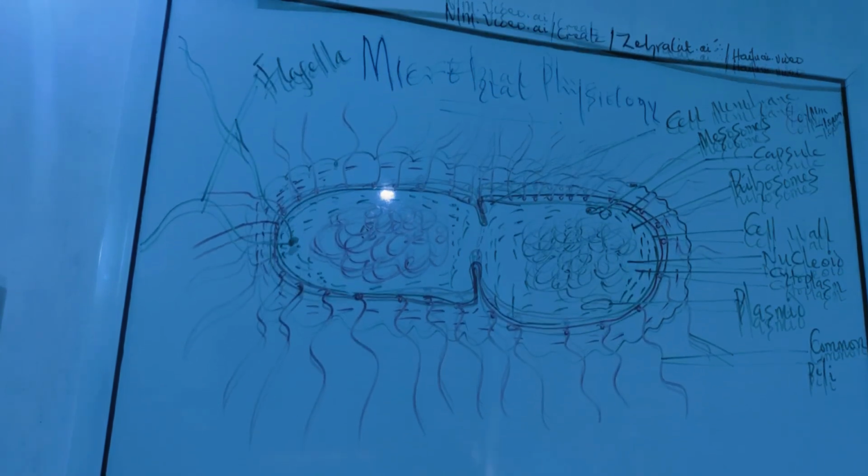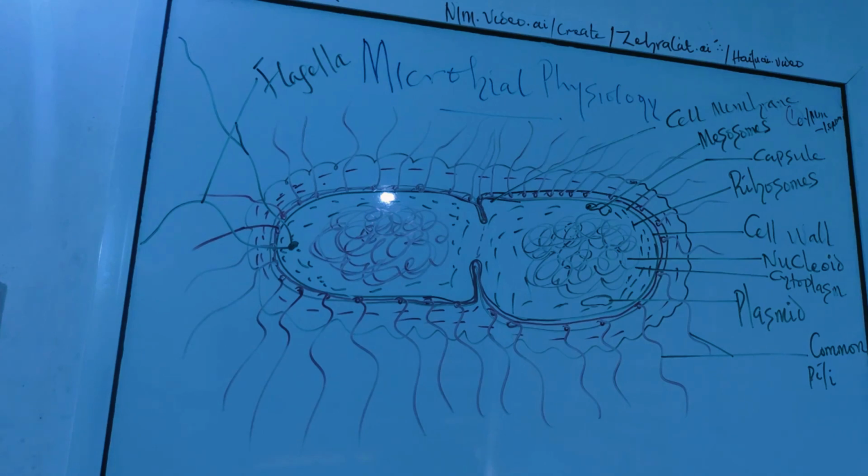And I want you to take note of the plasmid. We are going to talk about this plasmid in the long run. But at this point in time, any bacteria that contains a plasmid is a special bacteria, because bacteria normally use that structure for a different purpose.